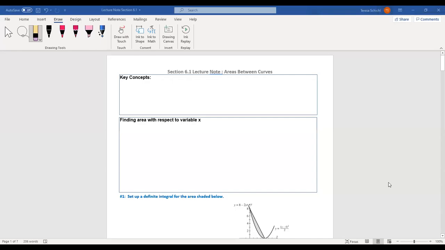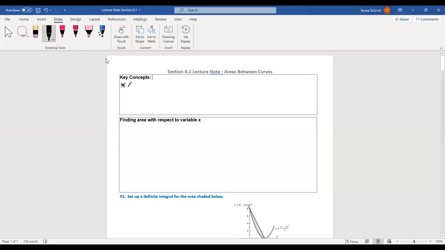So in this unit, the section is 6.1, how do we find the area between the curves? We have 3 key things we want to talk about in this section.